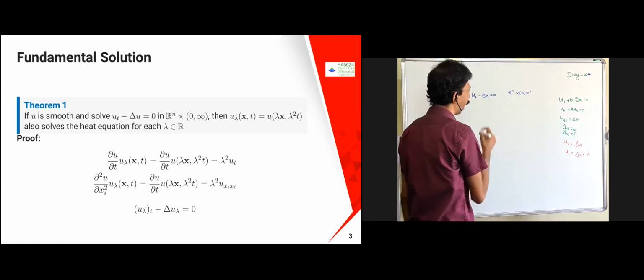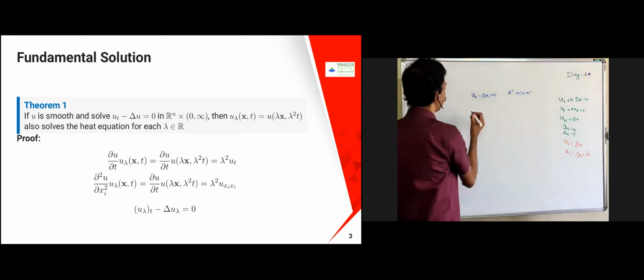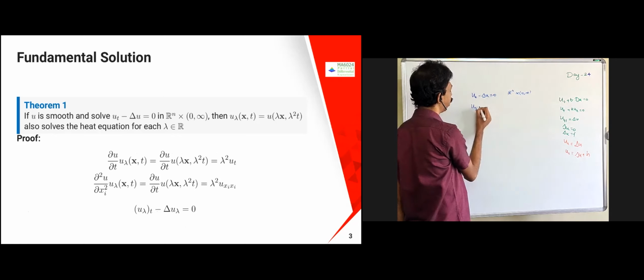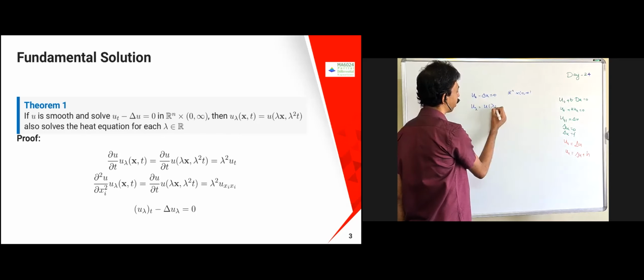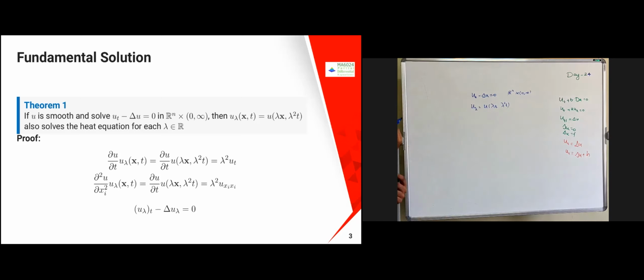In that case I'm going to define one more function, u_λ equal to u(λx, λ²t). This is called dilation scaling, and we'll see later that λ^α and λ^β can also be defined.